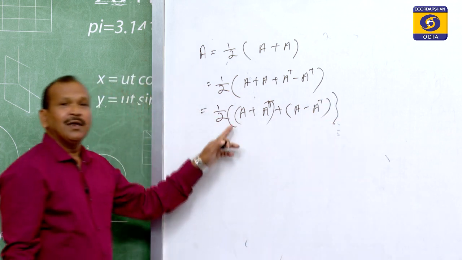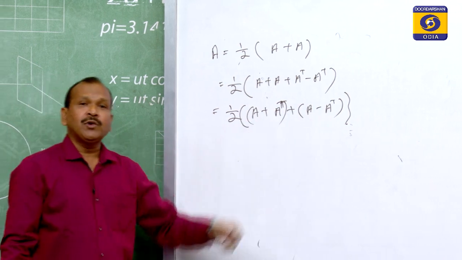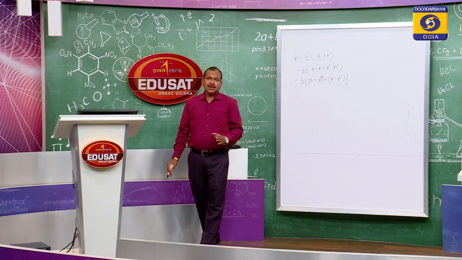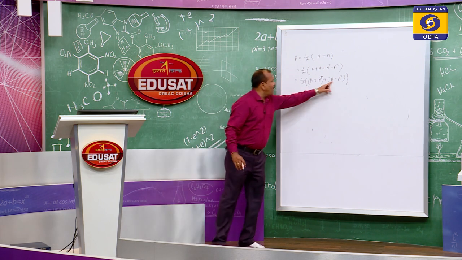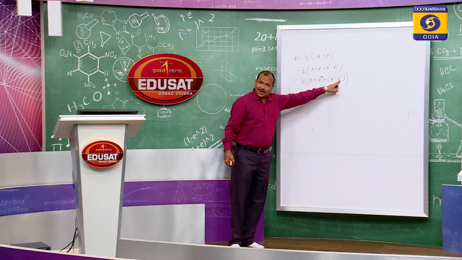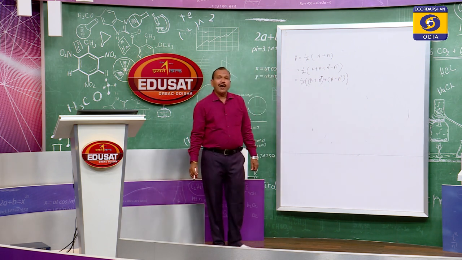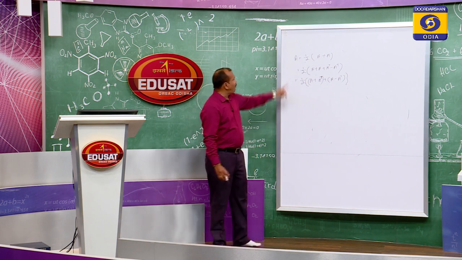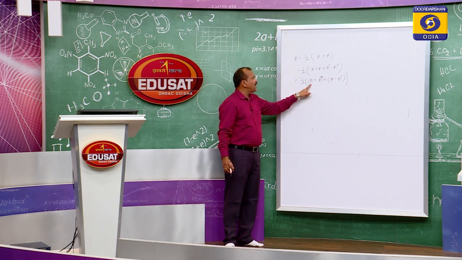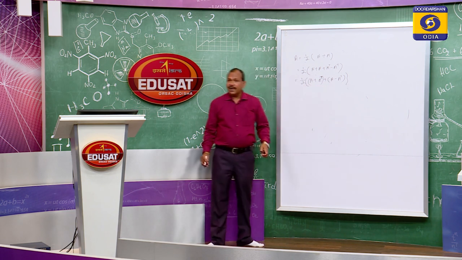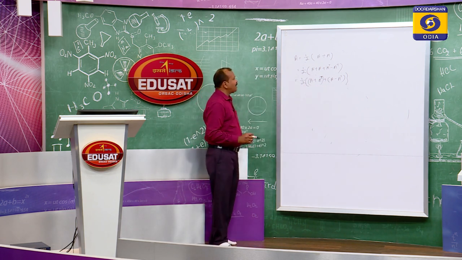We know that A plus A transpose is always a symmetric matrix and A minus A transpose is always a skew symmetric matrix. So every matrix A can be expressed as the sum of a symmetric and a skew symmetric matrix.